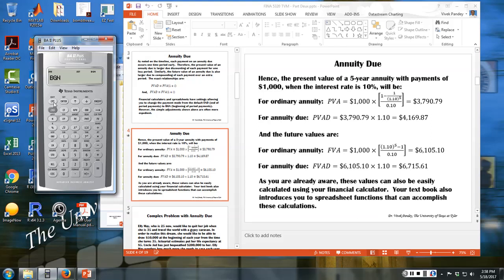Then you do second compute to quit, get out of there. And now if we calculate the present value, say 1,000 is payment, 5 is N, 10 is I/Y, and then compute PV, I get 4169.87, right? So that's the present value of annuity due.